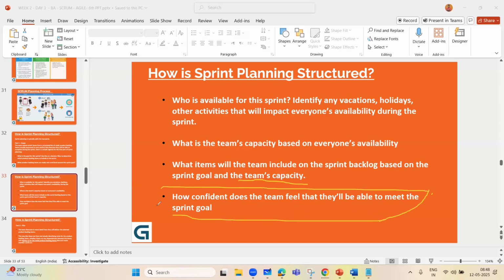And now, as a Scrum Master, it is your moral responsibility to check with your team how confident they feel when it comes to completing the work. With me so far, everyone? Always ensure that you are asking this to your team members. Okay. Now let's move further.